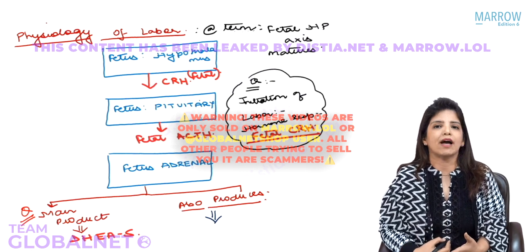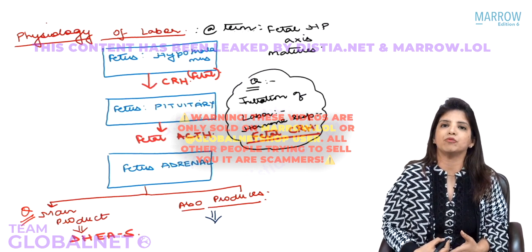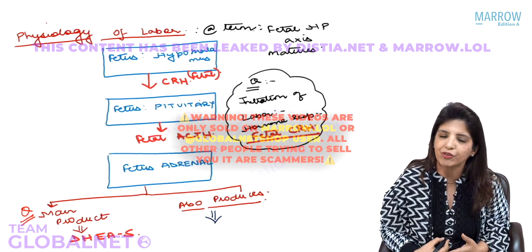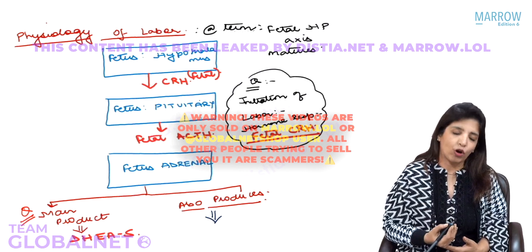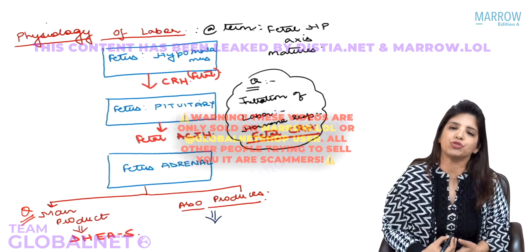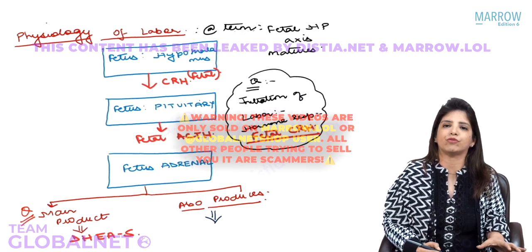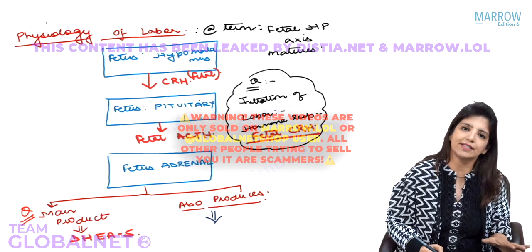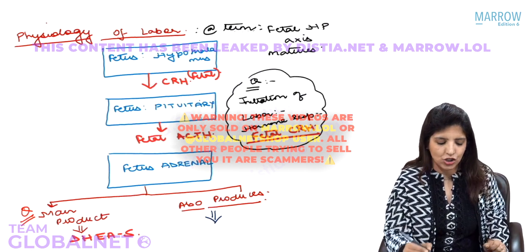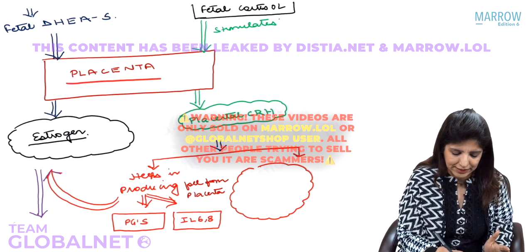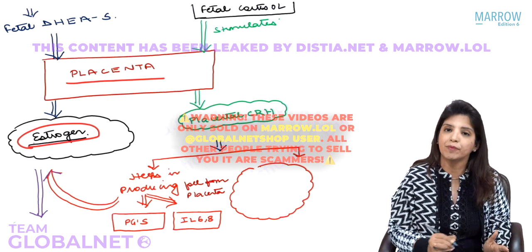So we saw that the fetal hypothalamus released fetal CRH, then fetal CRH acted on the anterior pituitary of the fetus, and from there it produced ACTH. ACTH acted on the fetal adrenals, and the main product of the fetal adrenal gland was DHEA sulfate. Now this fetal DHEA sulfate is used by the placenta to produce estrogen. Right?